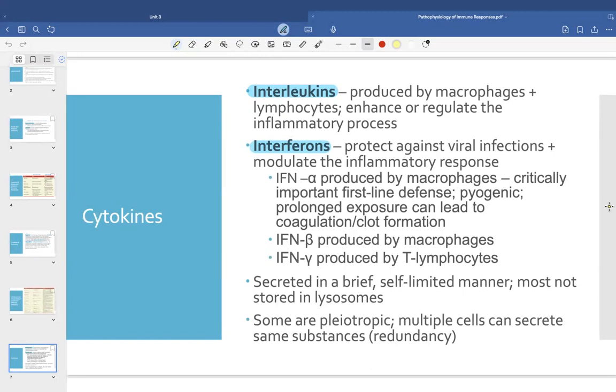And so your interferons are targeted towards viral infections especially, and they do have some modulation on the inflammatory response. Your alpha, which is actually produced by macrophages, okay, this is an important first line defense. It's pyrogenic.